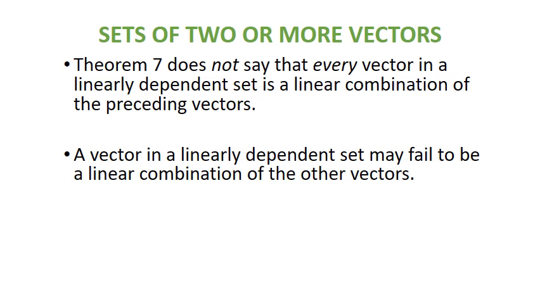Theorem 7, that previous theorem, does not say that every vector in a linearly dependent set is a linear combination of the preceding vectors. It says at least one vector. And a vector in a linearly dependent set may fail to be a linear combination of other vectors. Okay, so just a couple things to mention.